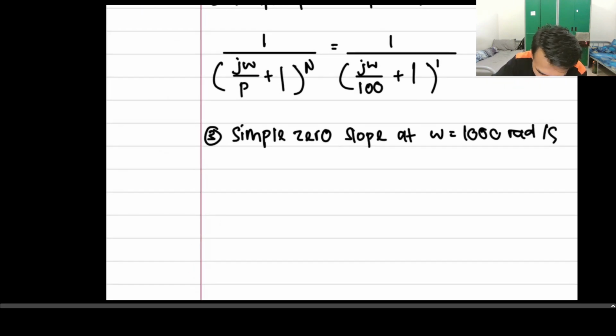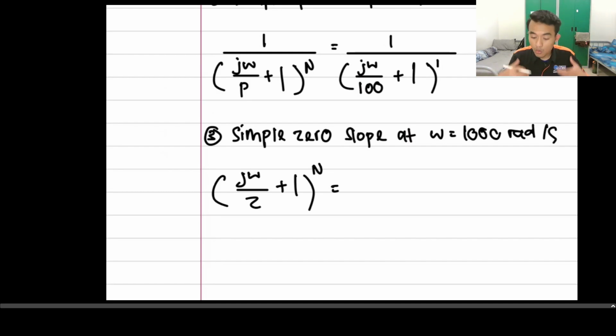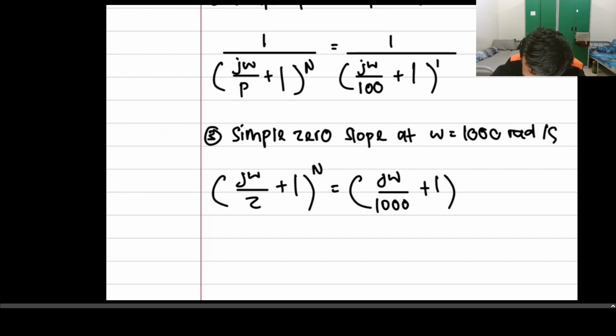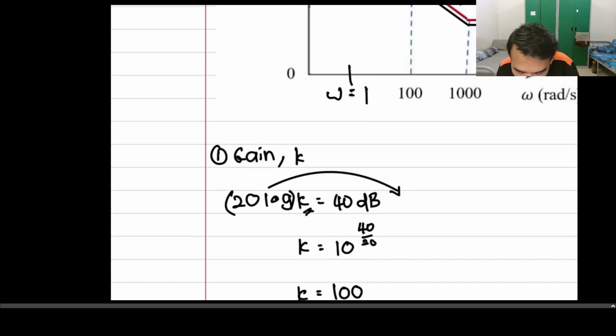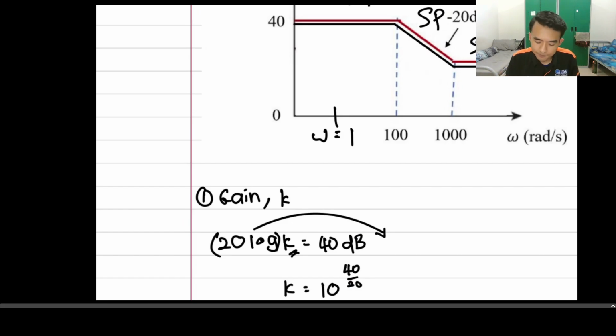So the formula for simple zero is (jω/Z + 1) power of n. So the Z value we replace with the value of omega when the Bode plot started to become a simple zero. So (jω/1000 + 1) power of 1, since it only increased 20 dB per decade.